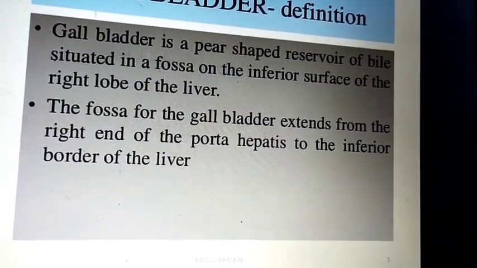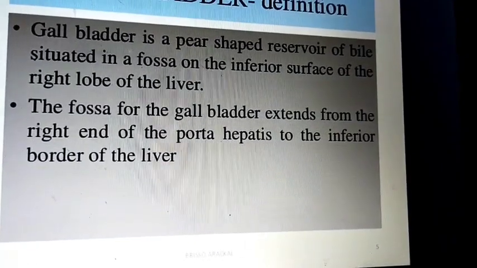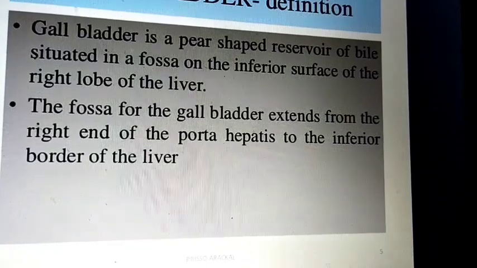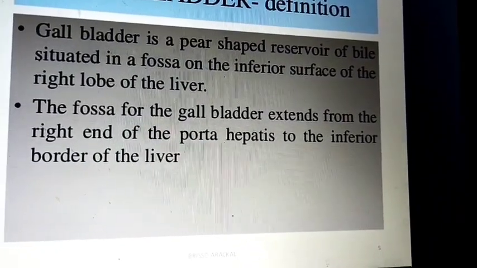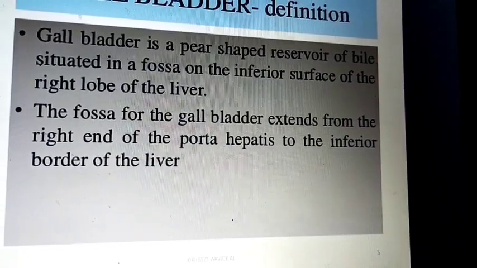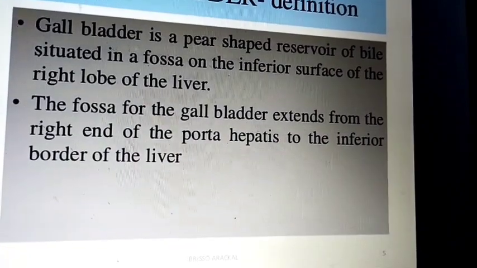In short I will briefly explain this, and when I go to the anatomy of the liver, I will explain in detail the porta hepatis and everything. Here the portal triad is there: portal vein, hepatic artery and duct, meaning hepatic duct.